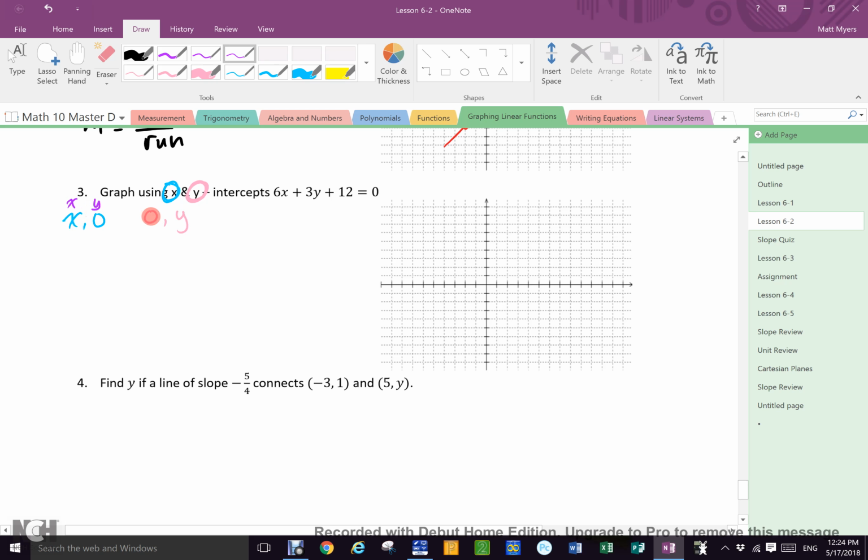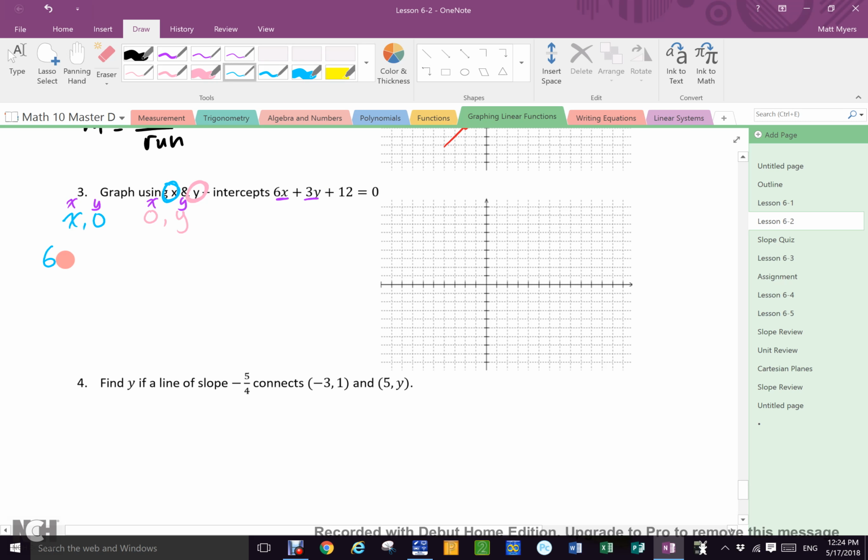What letter does the left side of an ordered pair represent? X. What letter does the right side of an ordered pair represent? Y. What do you see there and there? X's and Y's, which means you put these in there.